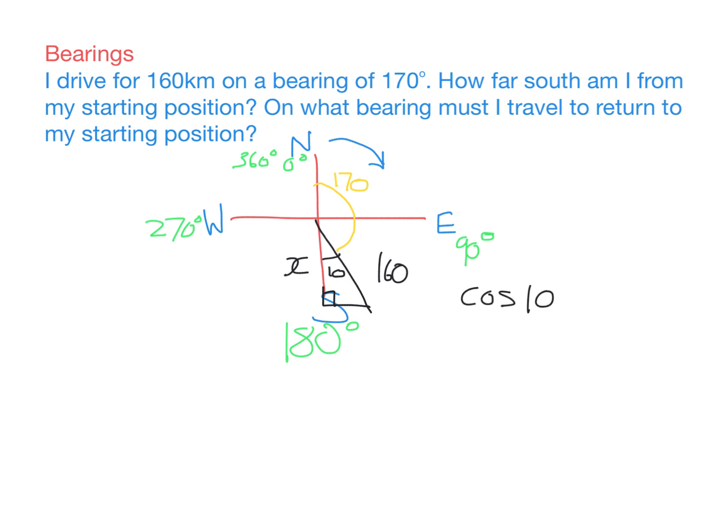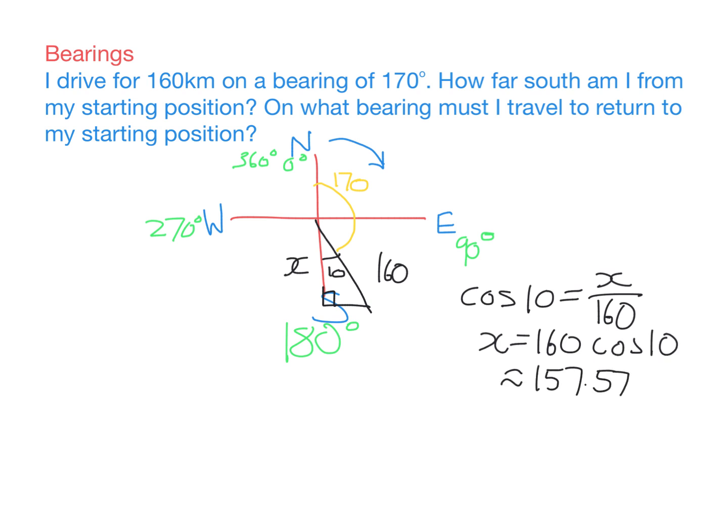Cos of angle equals adjacent over hypotenuse. Now when the thing you want to find is on top, you times. So here x will be 160 times cos 10. So the answer is about 157.57 kilometers. So the first part of the question is done. I'm about 158 kilometers south of where I started.